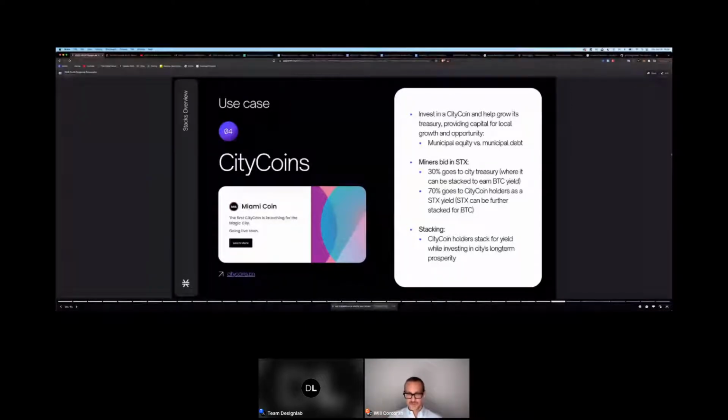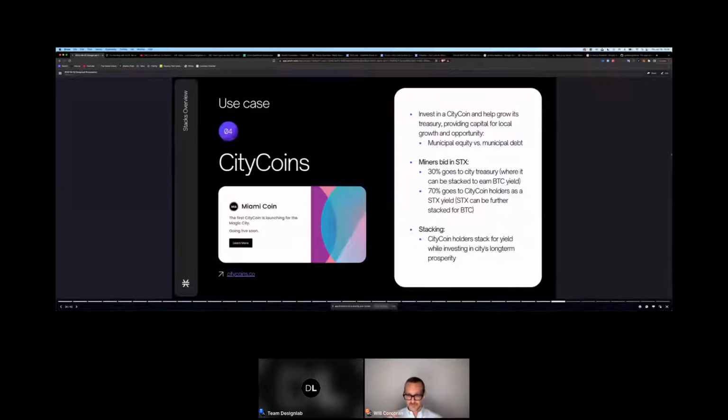And so we, as a community, are going to vote on which city we want to spin up a token for next. Everyone decides, and then all the miners start competing to earn that new token because they think it's fun and they believe in it.